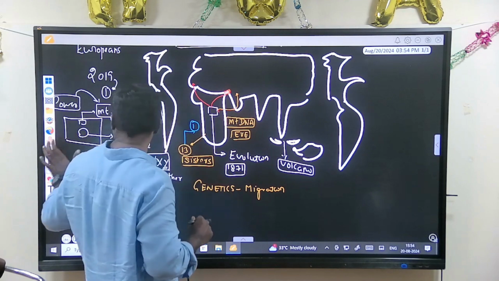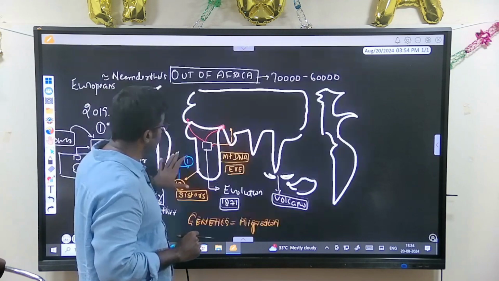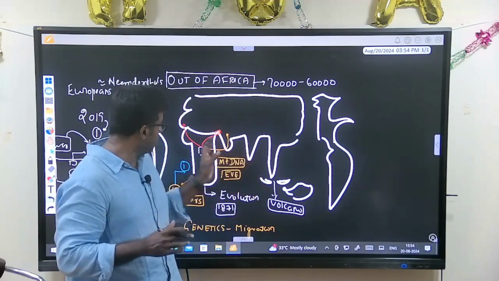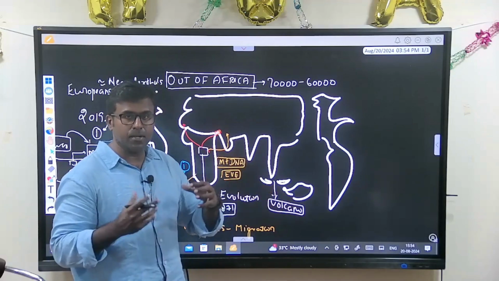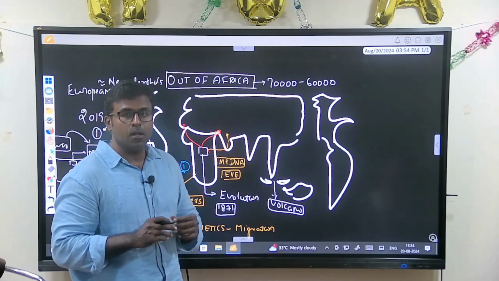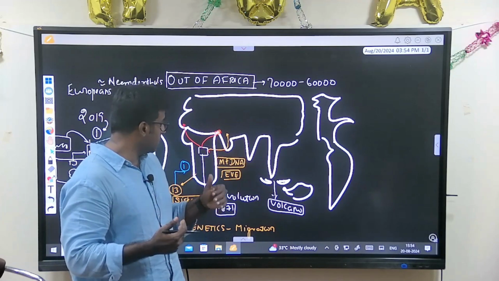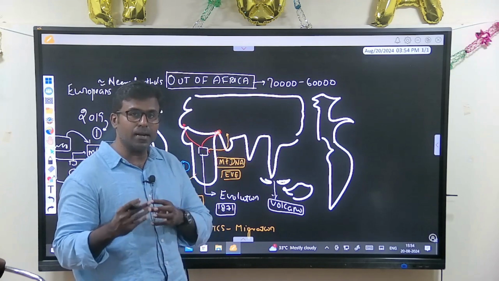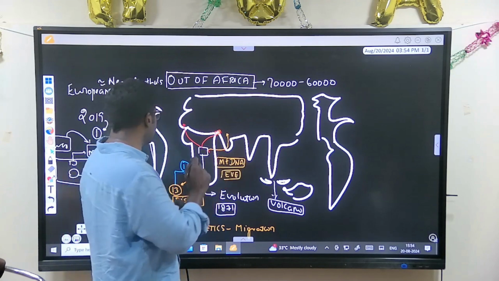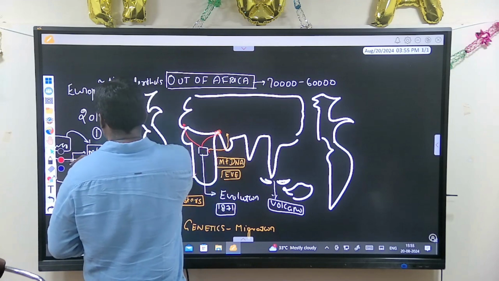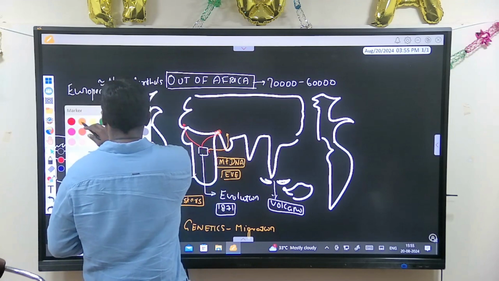What has happened is that there has been flourishing of diversity in Africa, but due to this climatic disruption which happened, they had to move out. In that, scientists say one band belonging to a mitochondrial Eve started moving towards the Bab-el-Mandeb.